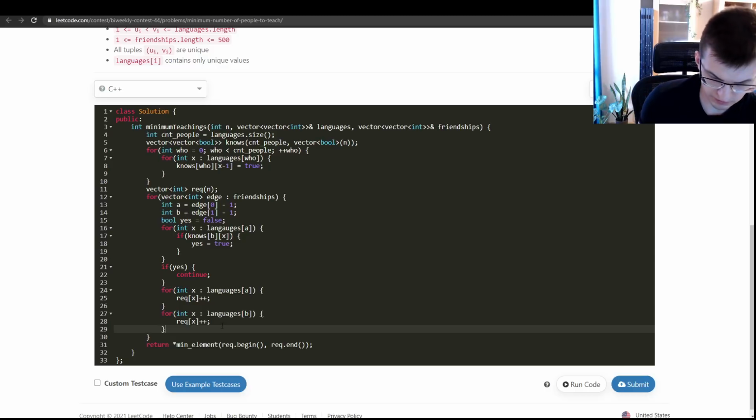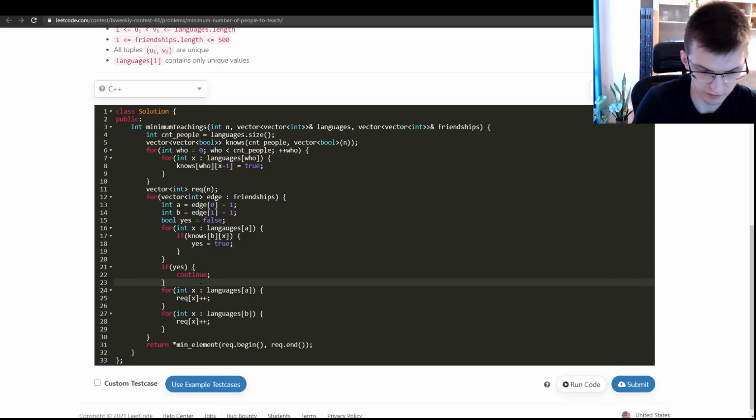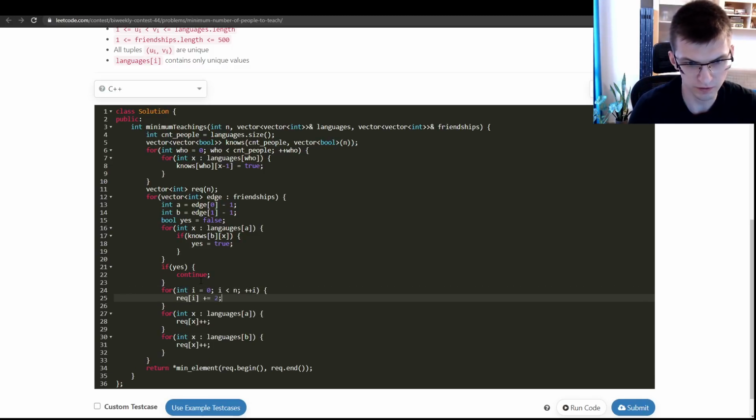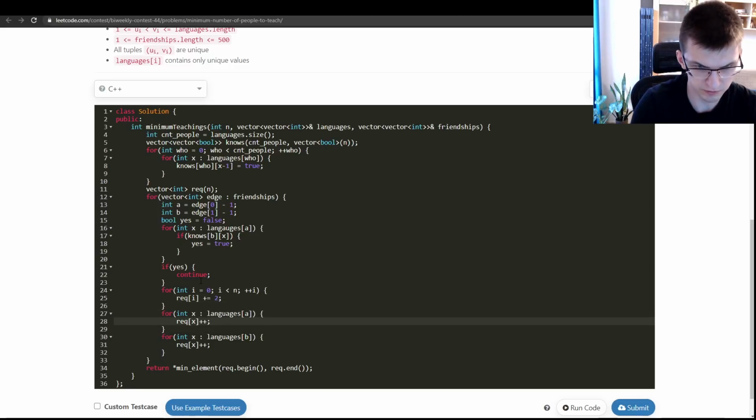But if something that neither of them knows, then everything plus equal to 2. So by default, everything increased by 2, but for this, cancel them by 1.